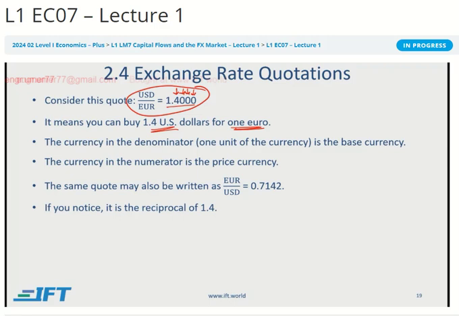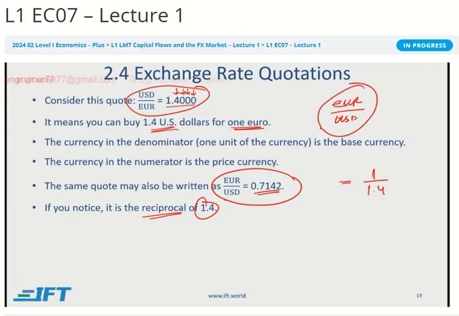If you want to know the price of a US dollar in euro, so if you want to make euro the price currency and US dollar the base currency, you just have to turn that quote on its head, right? You have to turn it upside down, which means taking the reciprocal. So that is just 1 divided by 1.4, which is 0.7142. So you take the reciprocal and you get the quote with euro as the price and dollar as the base.